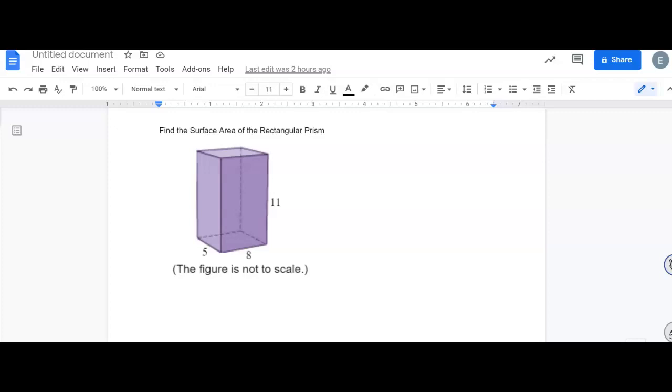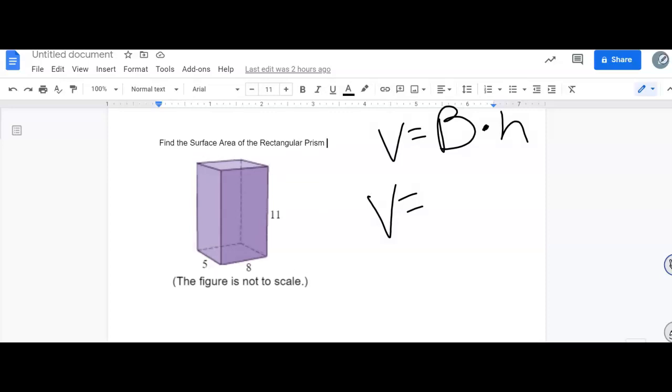Hint, what's the formula? So we have to start when we solve something like this. Samantha. Volume equals base times the height. All right. How do we find the base of this rectangular prism? Lila. Good. 5 times 8 is our base.